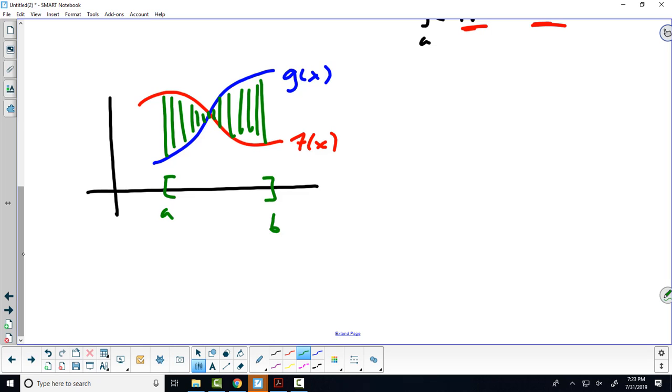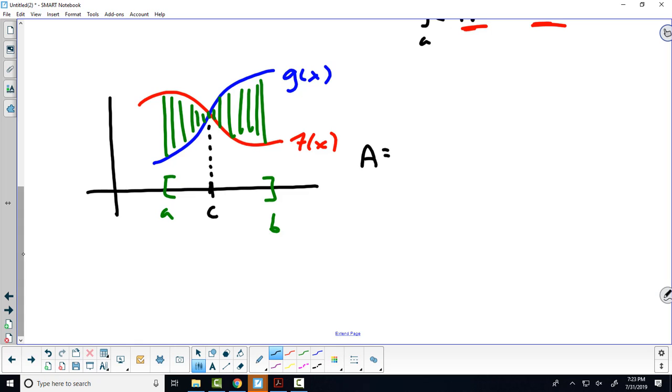So what do we need to do? We need to determine that point of intersection. We need to figure out where this is, and to do that we probably need to actually know what the function is, but let's call that point c. And so then how would we find the area?